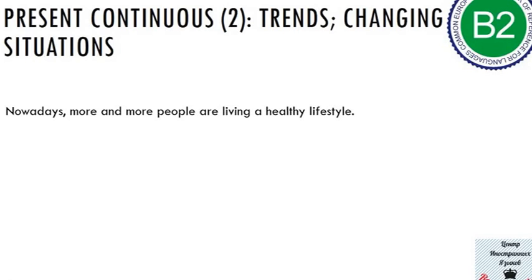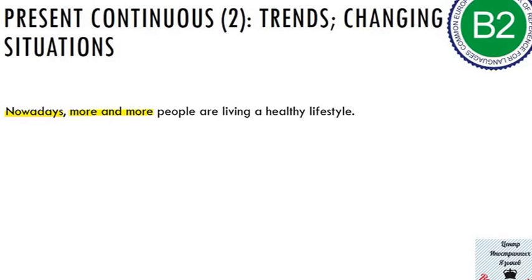So we know that nowadays more and more people are living a healthy lifestyle. Two comparative adjectives connected with "and" show us that it is a trend, that not just one person does it. And "nowadays" shows us that it is something that is happening around now, around the moment of our lives.